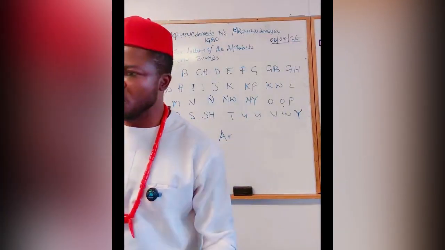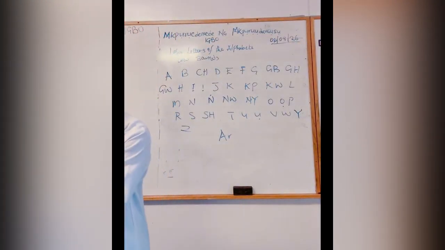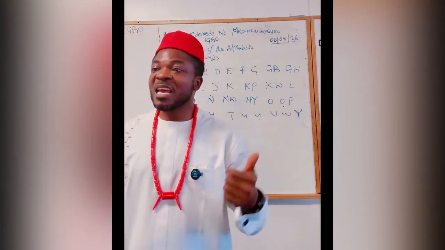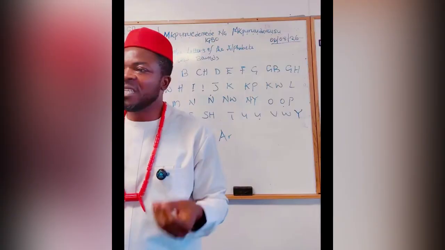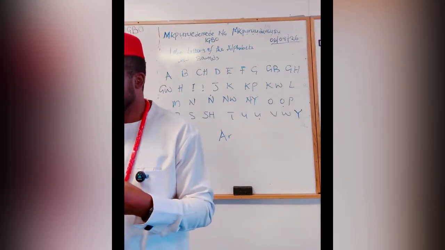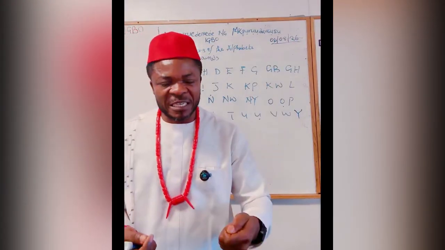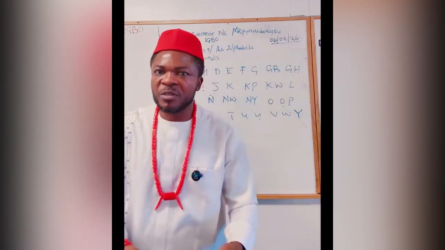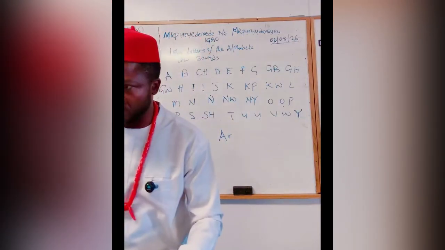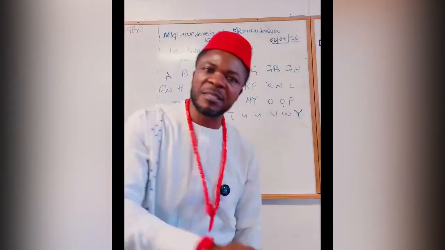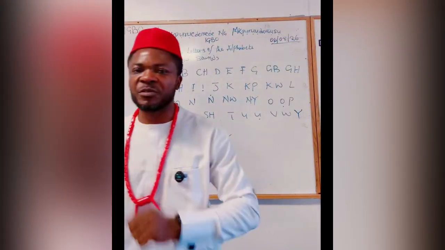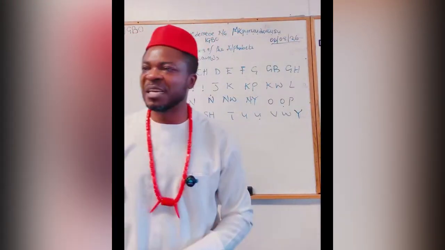Otu n'ime nsogbu asụsụ anyị ndị ọcha nwere na ya bụ ha enweghị ike ịkpọpụta ọtụtụ ụda dị n'ime asụsụ anyị. They could not understand, they could not produce so many of the sounds that we produce. They try to replace them with their own sounds, the sounds of the English.